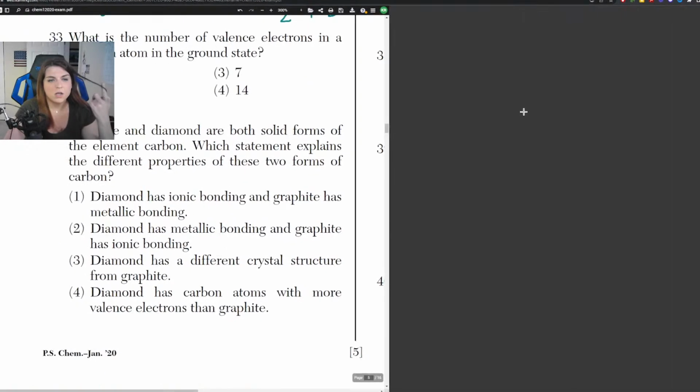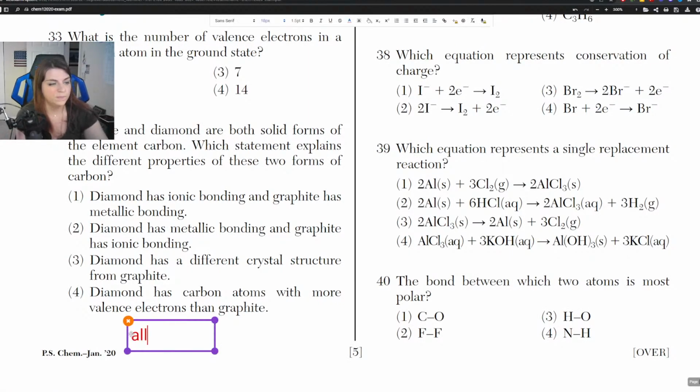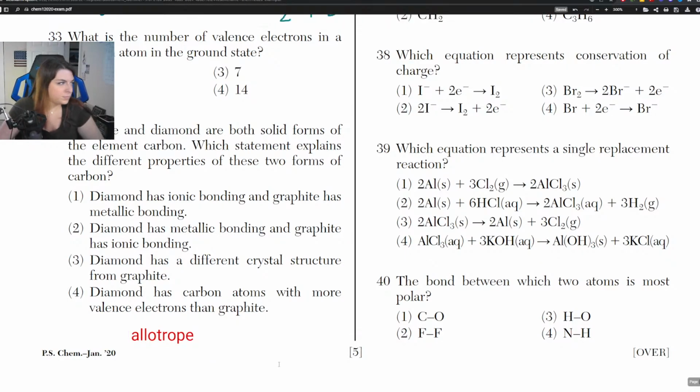34. I would say this is the question, or rather the vocab term, that most teachers actually don't teach you. That is allotrope. Allotropes are different arrangements of atoms in an element. So a lot of the time they talk about graphite and carbon, which is what's happening here. Graphite and diamond are both solid forms of the element carbon.